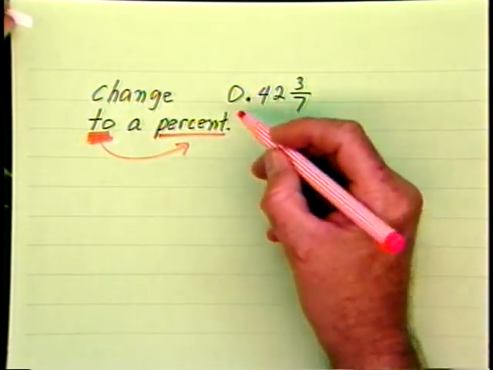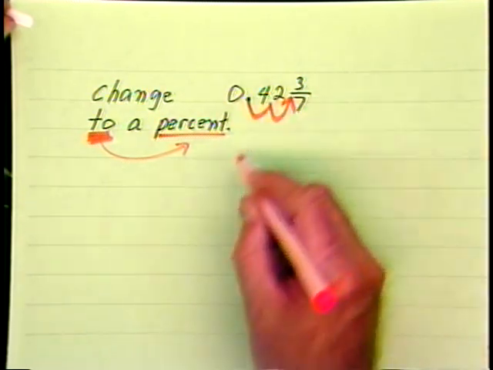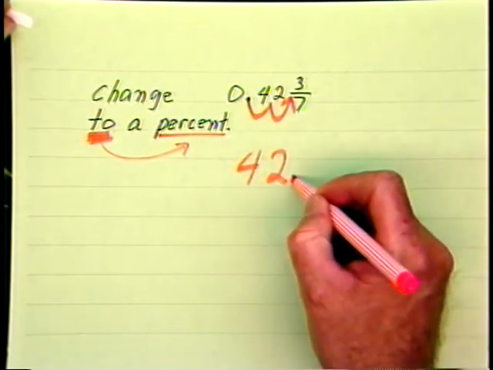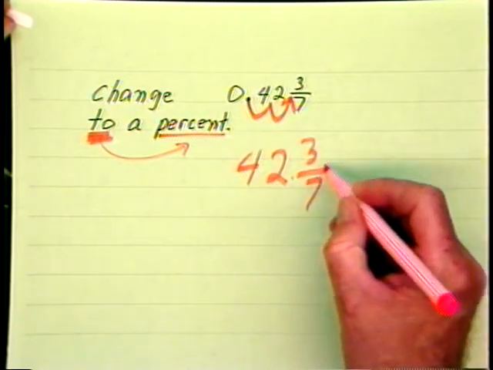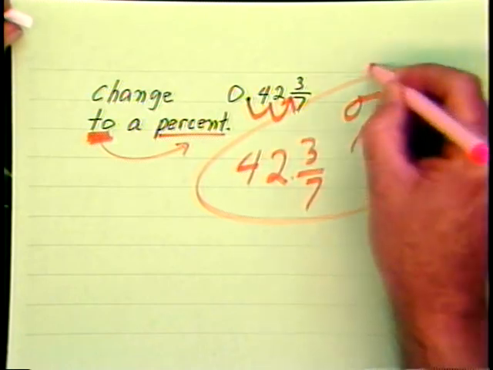So if I move this 2 decimal places toward the percent sign, this becomes 42, and of course point, which I don't write, and then the 3/7 is already there, and then of course stick on the percent.